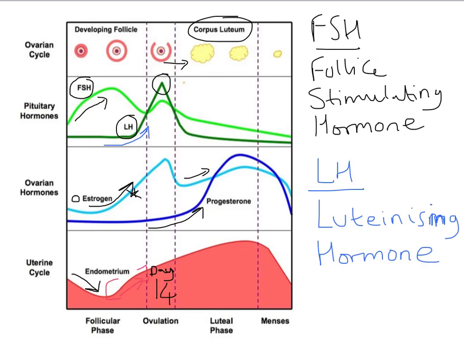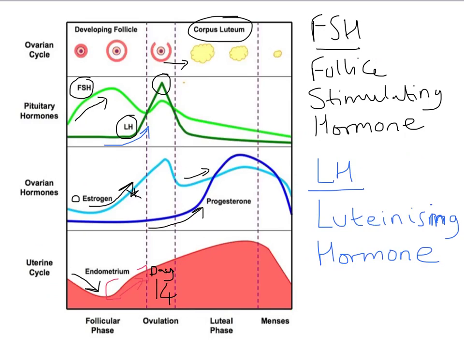Now progesterone has two real functions. It inhibits the release of any further FSH or LH, so again, it has a negative feedback mechanism to the two pituitary hormones. So that prevents the release of any further eggs that would happen to have been developed. But it also maintains the uterus lining.